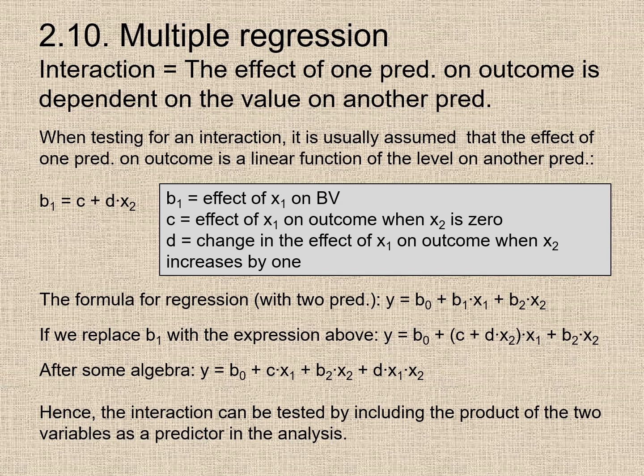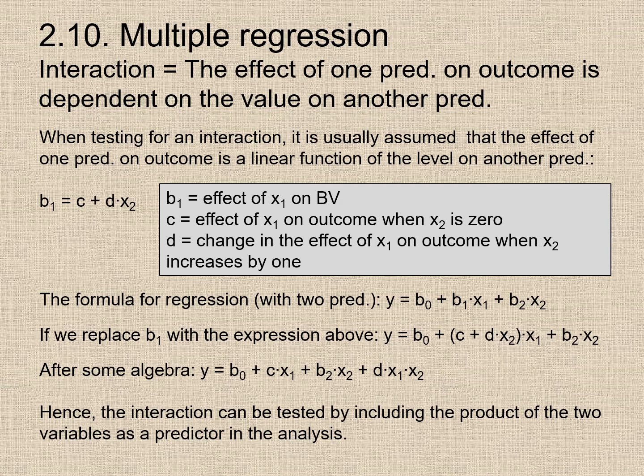So we have a formula, a function for that coefficient. If we have linear interaction, we say that the value of that coefficient is C plus D multiplied with your value X on the other predictor, in this case medication. In this formula, B1 is the effect of predictor 1, C is the intercept for the effect.